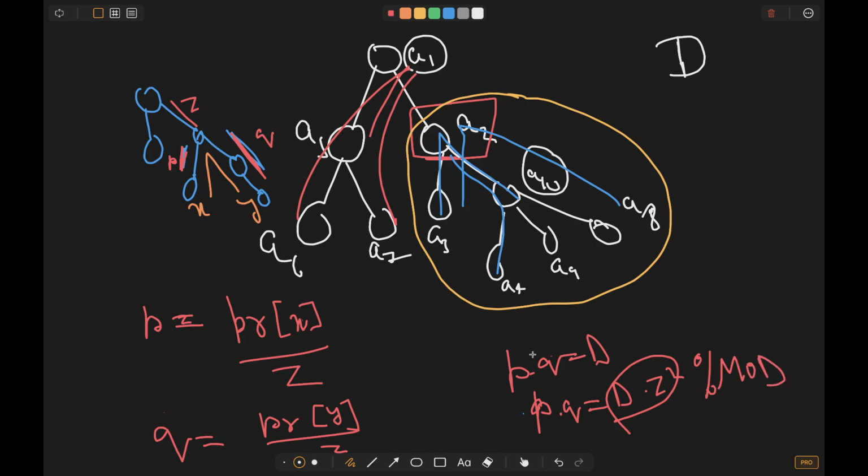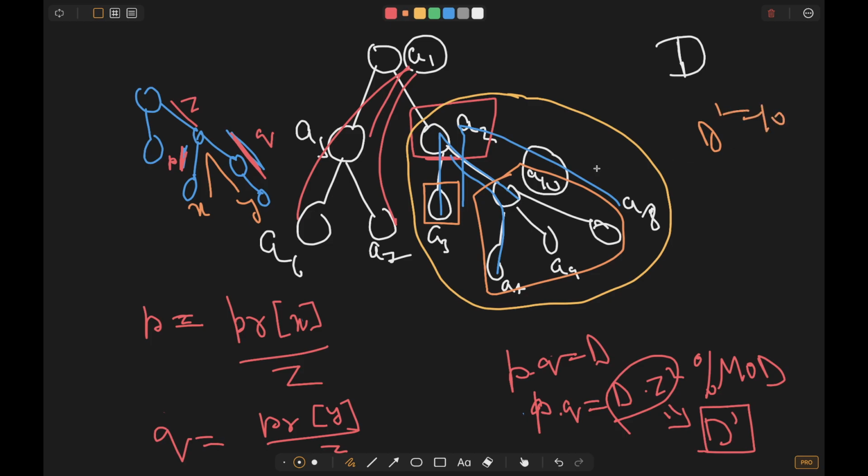So now we just have to count the number of integer pairs that have this new value D dash, the product of D dash. So how do we do that? Well, if we were to store every number and its frequency that occurred in this subtree, and every number and its frequency that occurred in this subtree, then let's say D dash was 10, and here 5 occurred 2 times, and here 2 occurred 1 time.